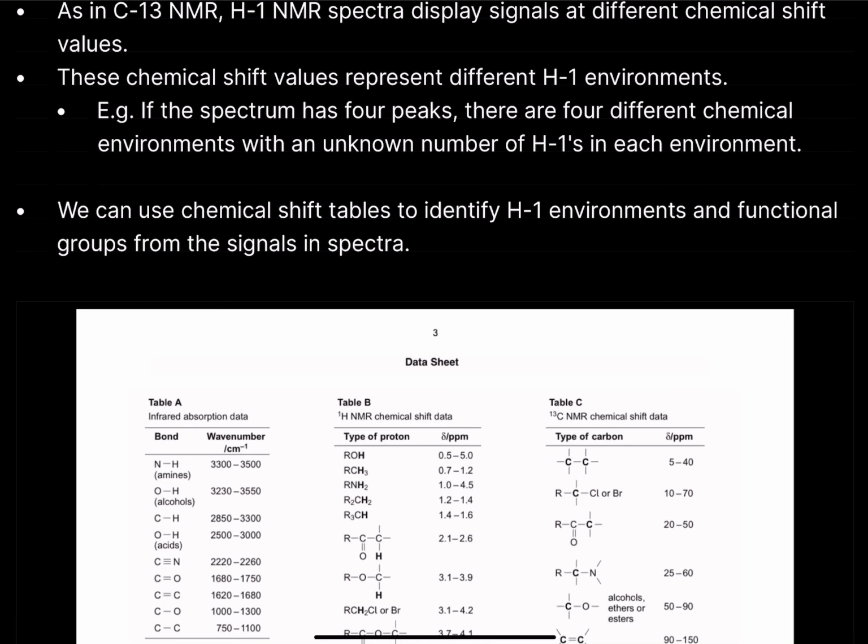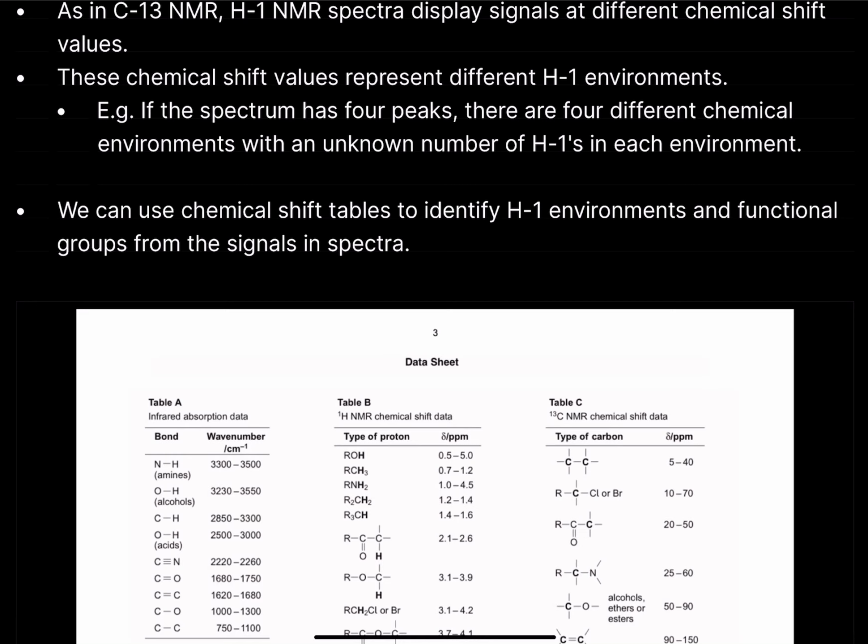The number of peaks you have is the same as the number of environments you have. It's not the same as the number of hydrogens in your compound, but the number of hydrogen environments. For example, methane has 4 hydrogens, but they're all in the same environment, so it'll be all one peak, if you get what I'm trying to say here.